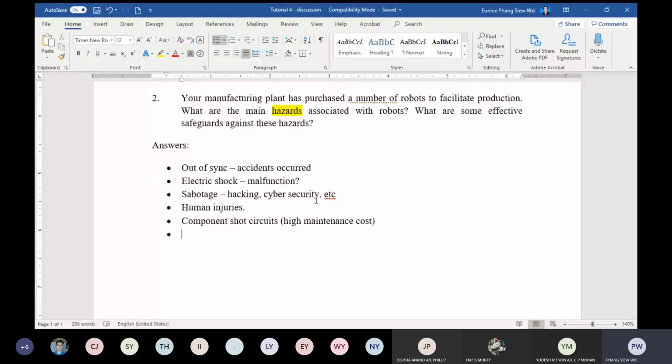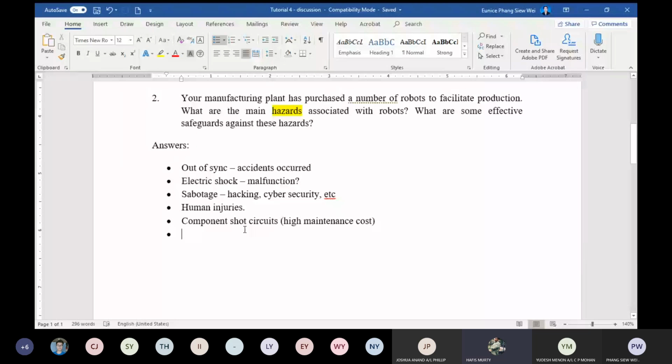There was one year I put this as a final exam question: give me 10 hazards associated with robots. If one robot is down, the whole production line will be affected. How is that so?